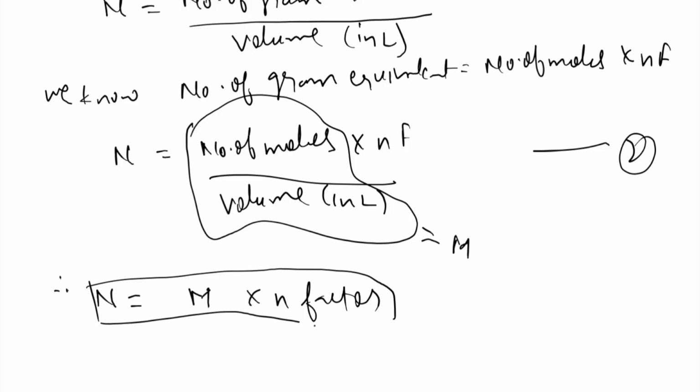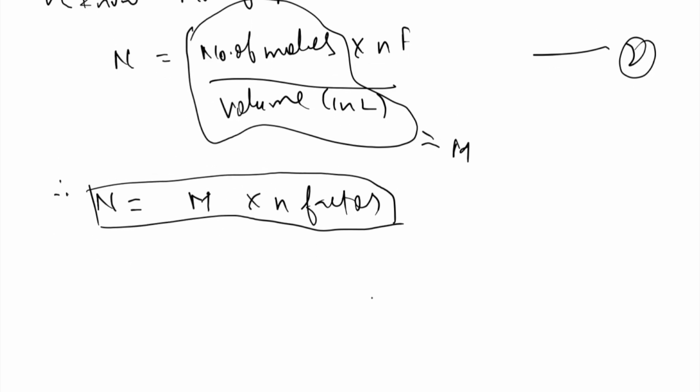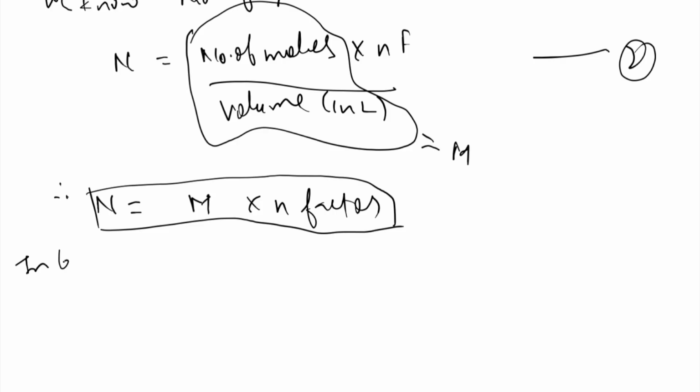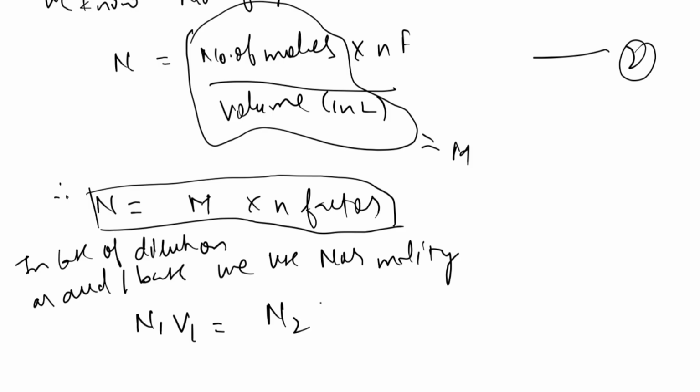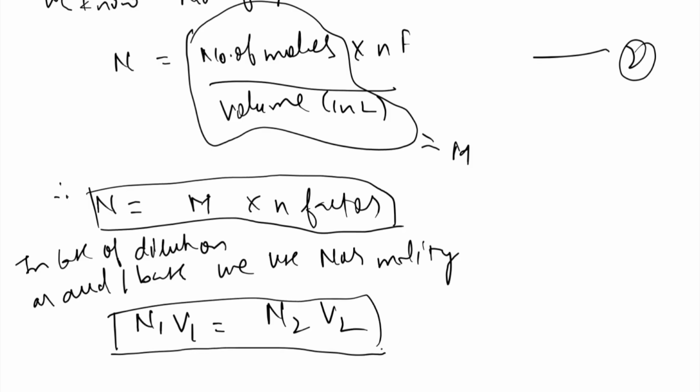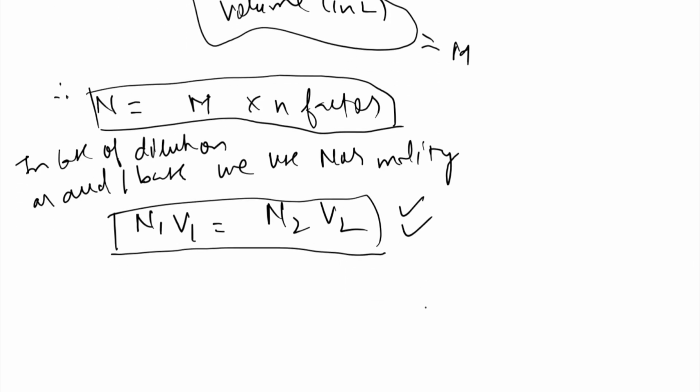In case of dilution or acid base, we use normality, and the basic equation that we use is N1V1 equals N2V2.